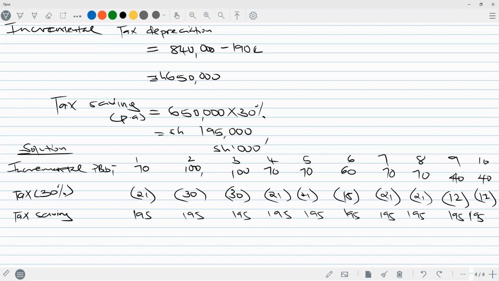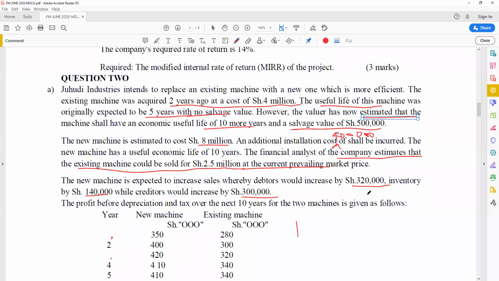And then of course at the end of the life of this machine, then we dispose of it. However, actually there's nothing, you get 0. However, if we had continued using the old machine, let me go back and share the question again.